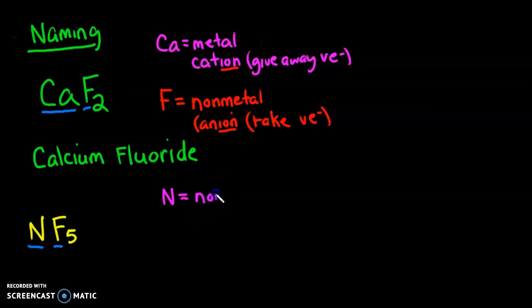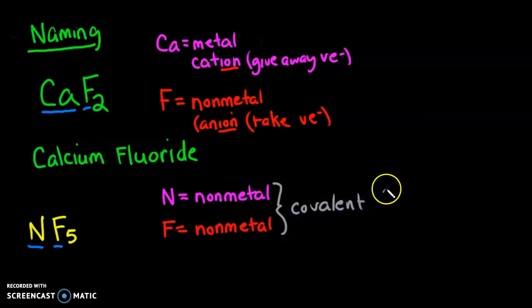It is a nonmetal. And then if I find my next element, F, which I had already found in the last question, F is also a nonmetal. So nonmetal and nonmetal, that's going to give me a covalent bond. And these ones use prefixes.